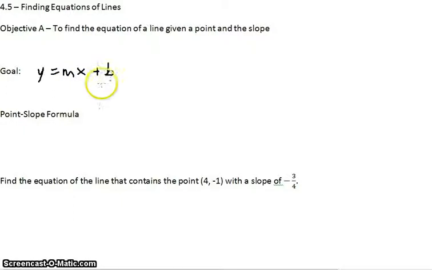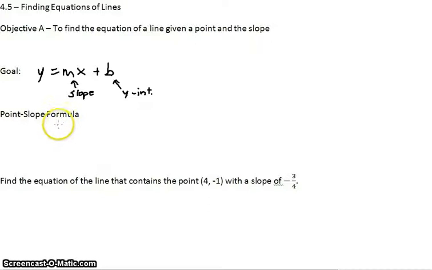Now, from earlier in this chapter, we've talked about these two things as slope and y-intercept, or the ratio of how a line changes vertically to horizontally, and the point at where the line hits the y-axis. But what I'm going to talk about today is a new formula that you probably have only seen once in probably Algebra 2 and once in only Algebra 1, and this is called point slope.